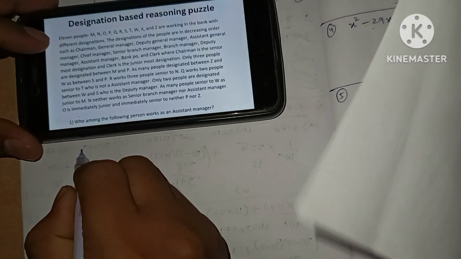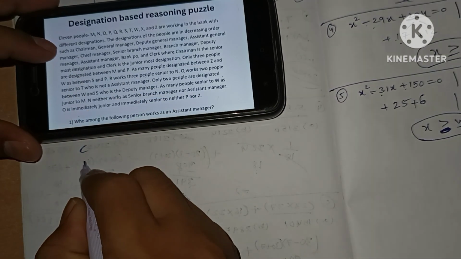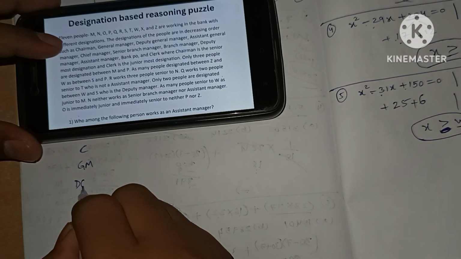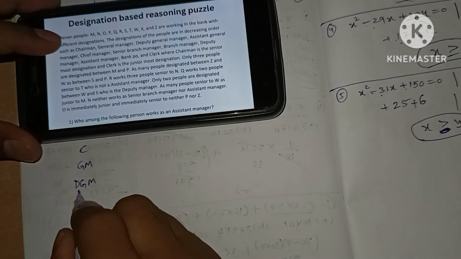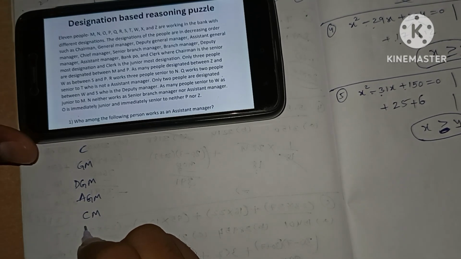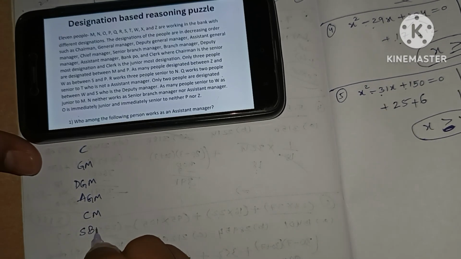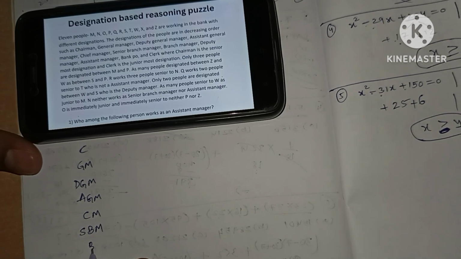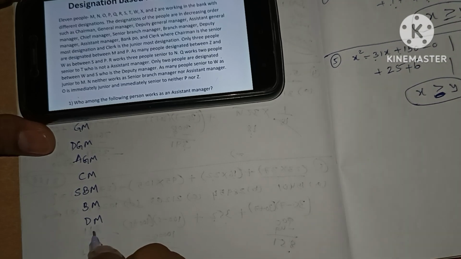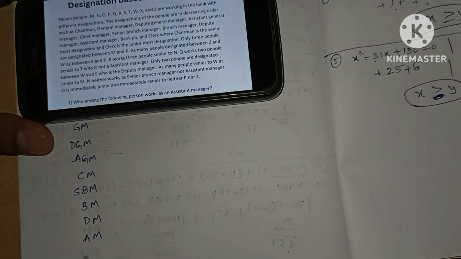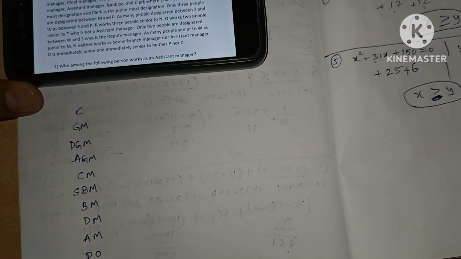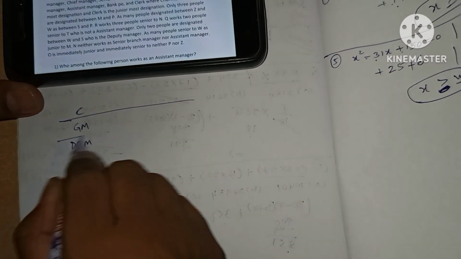So first one is chairman, second one is general manager, third one is DGM, fourth one is AGM, fifth one is CM, sixth one is SBM, next one is branch manager PM, next one is DM, next one is assistant manager AM, PO and clerk. Okay, these are the designations.